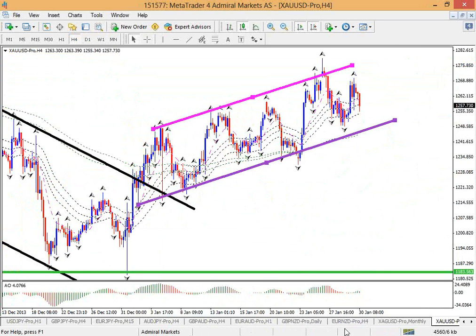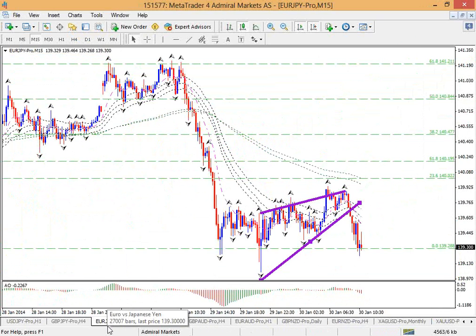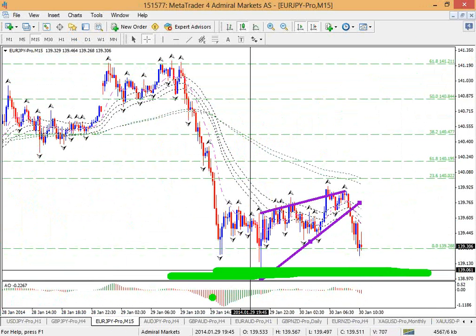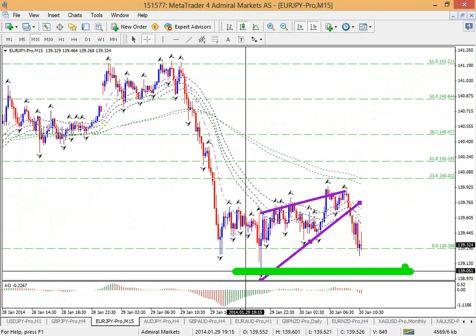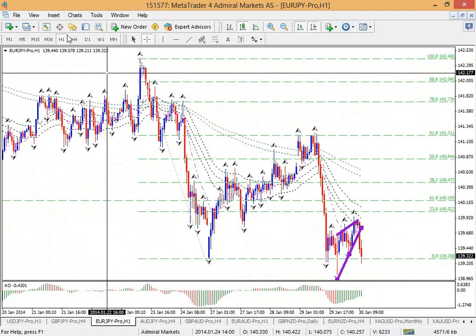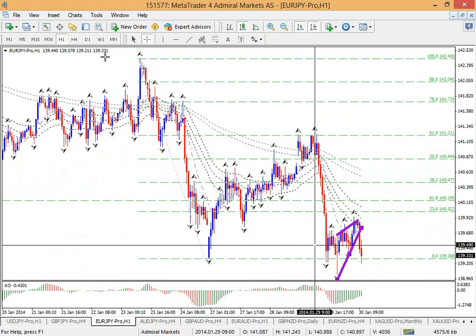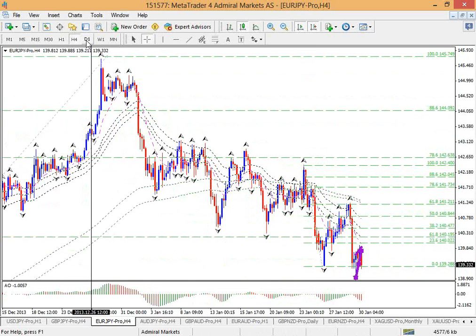And then we have one question from Kaylin regarding the euro yen. How does it respond to 139.09? Which definitely could be a bouncing spot, or at least a stopping spot because of this bottom right here. Although the thing is that it's a pretty, wait, am I getting it mixed up here?